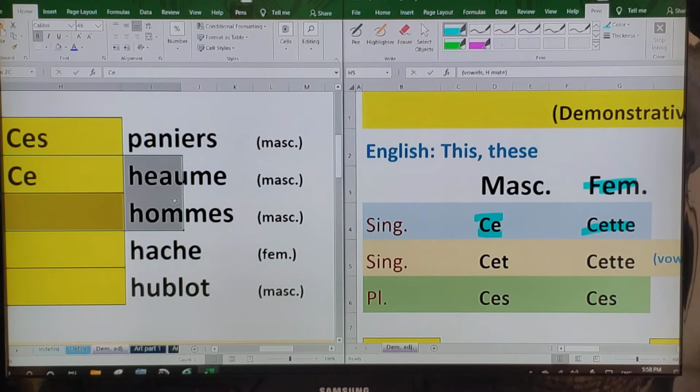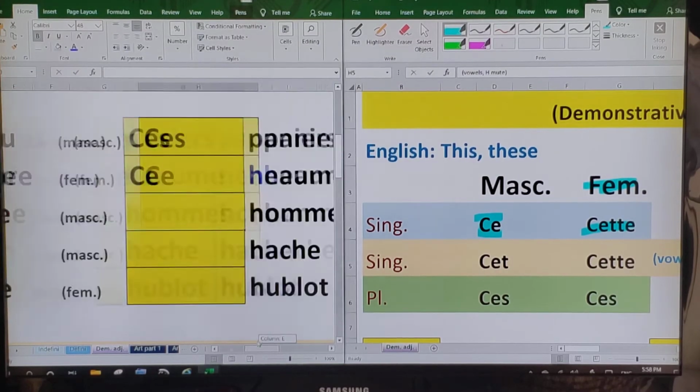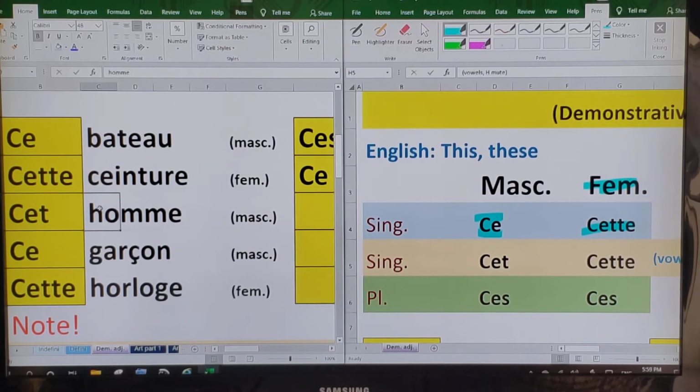Why did we use ce although it's a masculine singular beginning with H? Because this is an example of a noun beginning with H aspirated. It's not H mute. H mute was this one over here, right? This noun was an example of H mute, so we use the word cet.